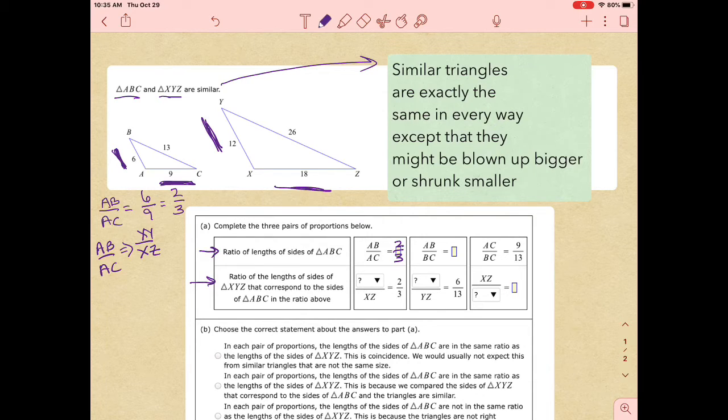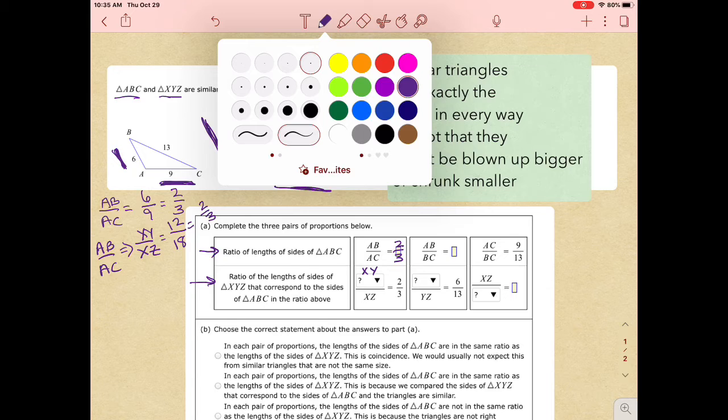And that's what they're asking right here, XY over XZ. But what you can also see is that we have XY is 12 over XZ is 18. And if I simplify that, I could divide each of those by 6, and I would end up with 2 over 3. So that's another demonstration of them being similar.